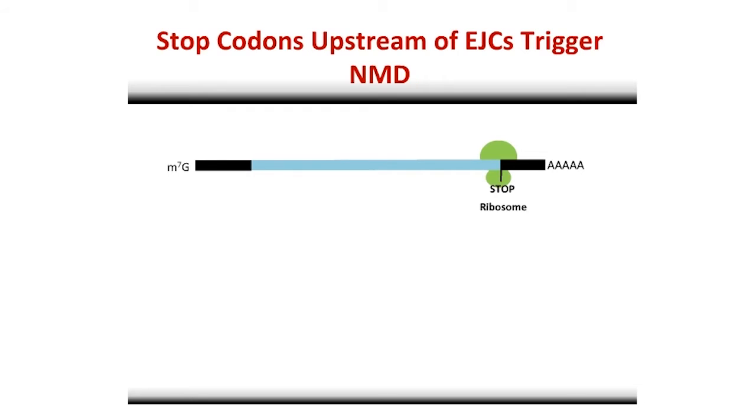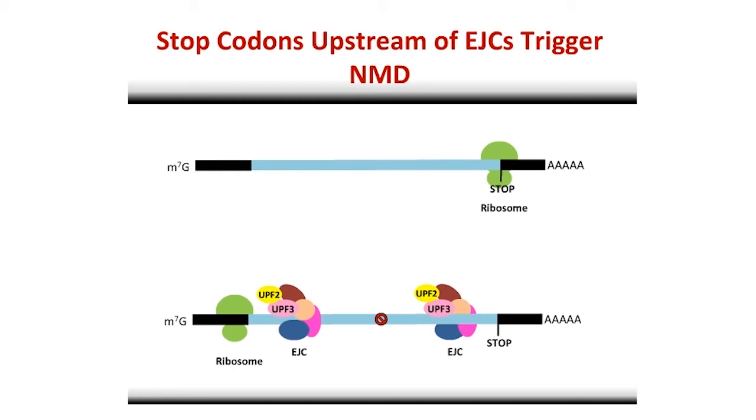And because the stop codon in the majority of all eukaryotic genes is encoded in the last exon, by the time the ribosome hits the stop codon, all of these exon junction complexes have been removed. It's this fact, that all have been removed when the ribosome stops, that has been leveraged by the NMD system to identify transcripts that have a premature termination codon.